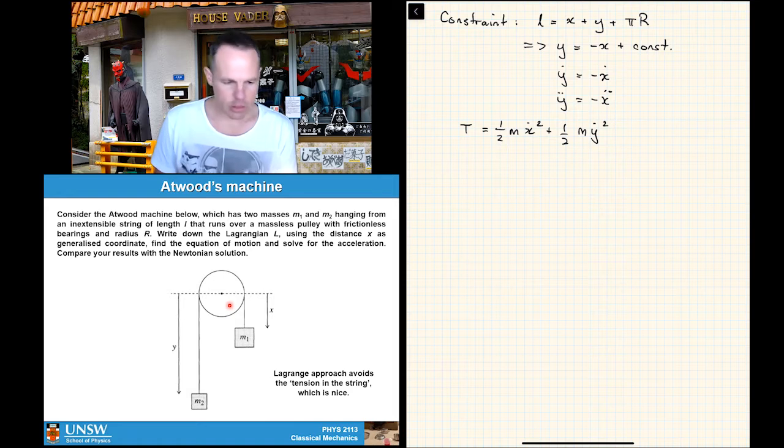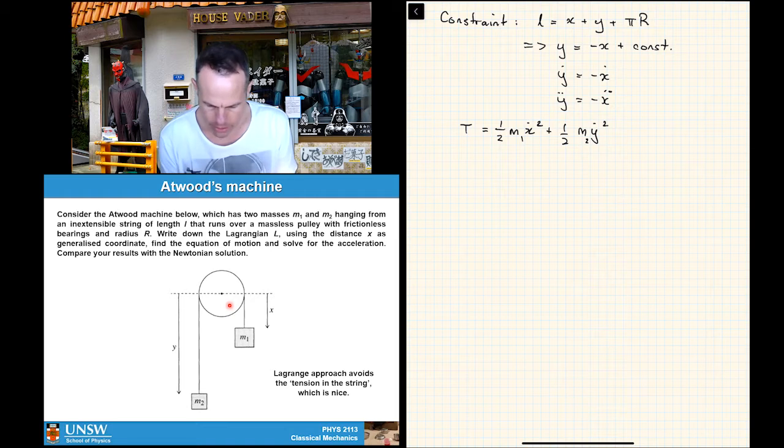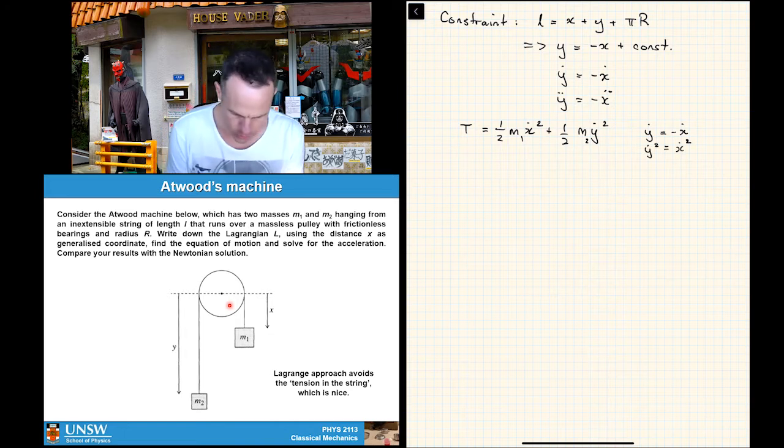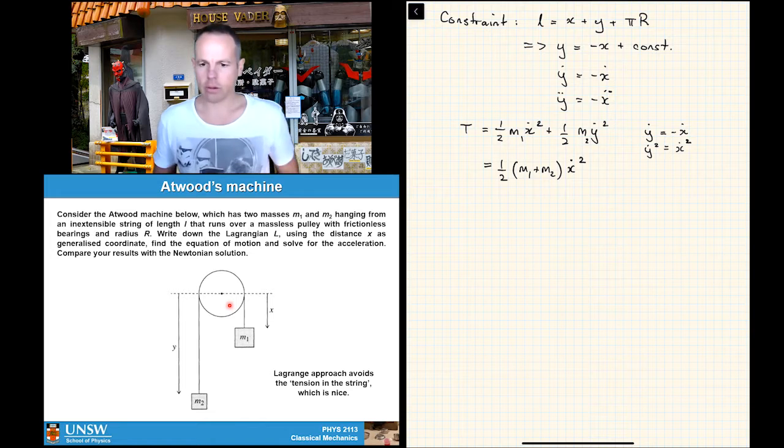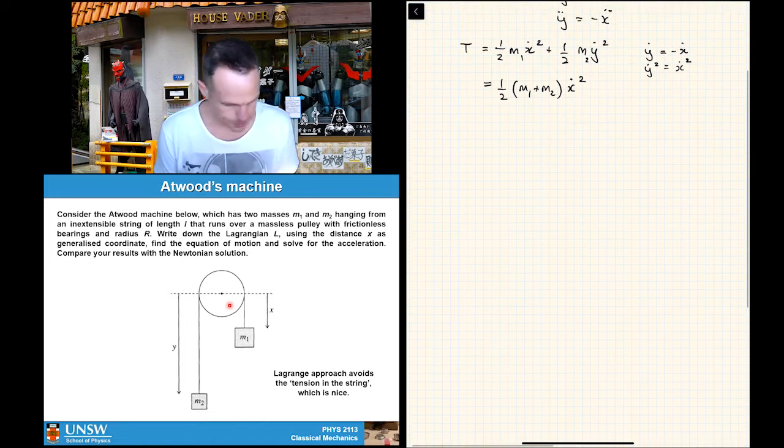Of course we've got two masses, so this will be mass 1 and this will be mass 2 just over here, okay? But we know that y dot is equal to minus x dot, and so y dot squared is equal to x dot squared. So we can pull these terms together, and what we get is a half (m1 plus m2) x dot squared, okay? Really simple expression.